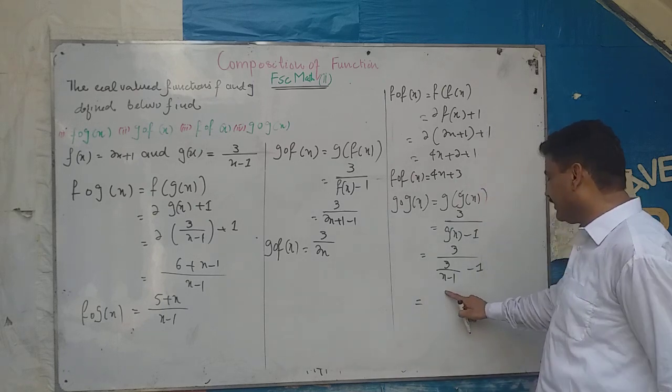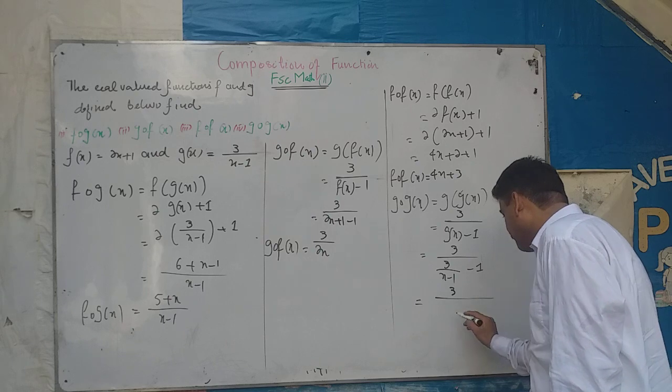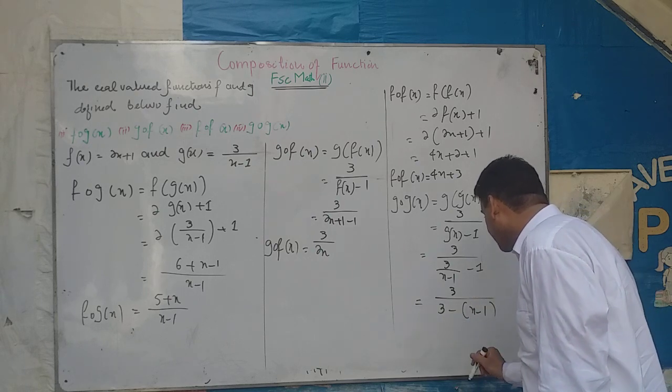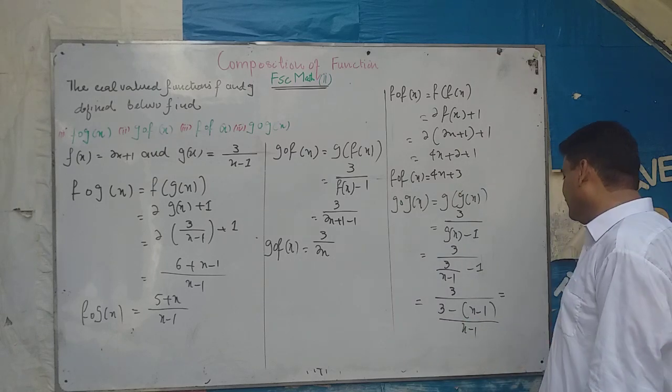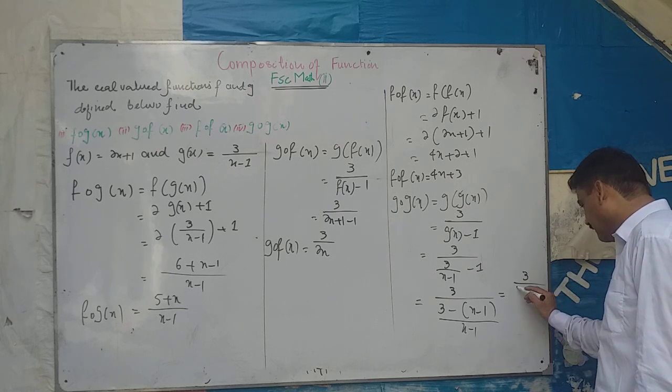We now take x minus 1 as LCM. We will write 3 by 3 minus x minus 1, divided by x minus 1. Finally we write 3 by.